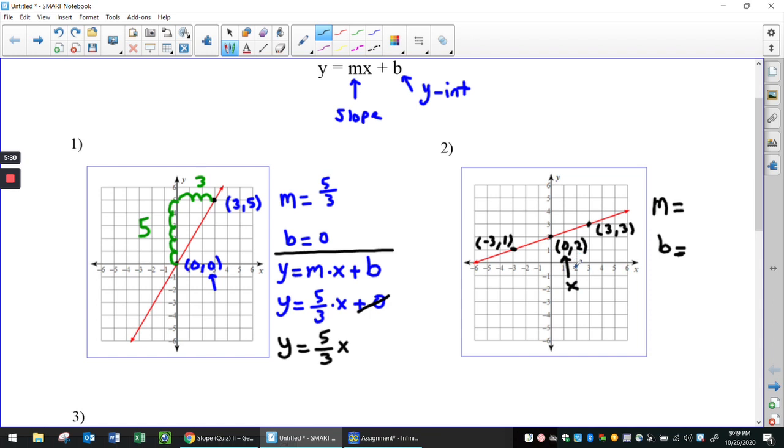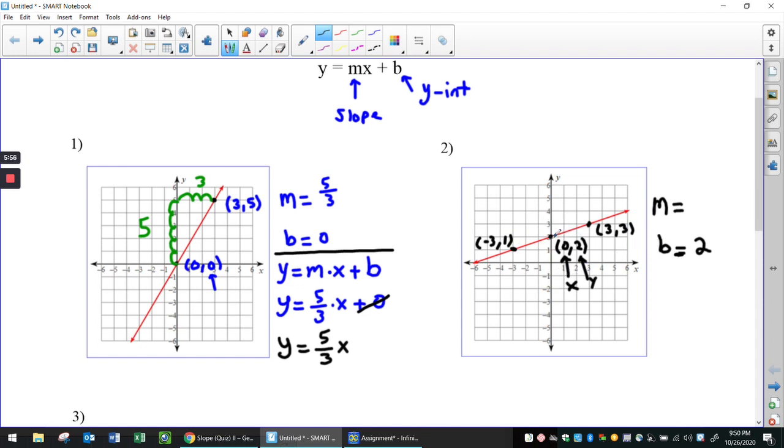So whenever x is 0, the y is your y-intercept, which is b. So here b is 2 because x is 0, right? And of course we can see that our line is crossing the y-axis at this point, 2.